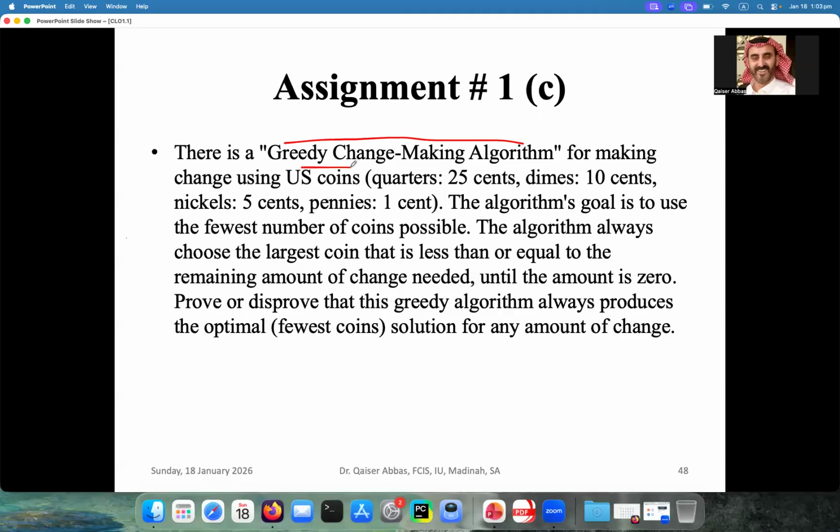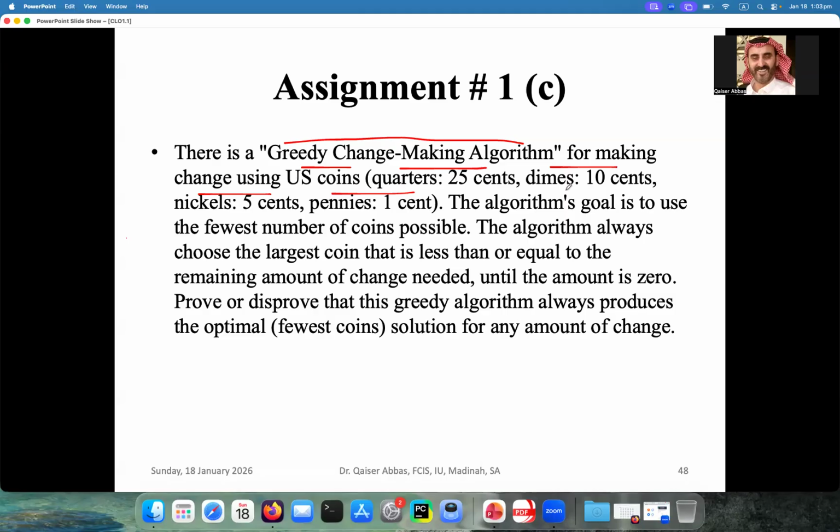The US coins you have to consider are: quarter, meaning 25 cents, dime, meaning 10 cents, nickel, meaning 5 cents, and penny, meaning 1 cent. You don't have to design the algorithm, but you have to show whether it is correct or not, because that greedy change making algorithm already exists.